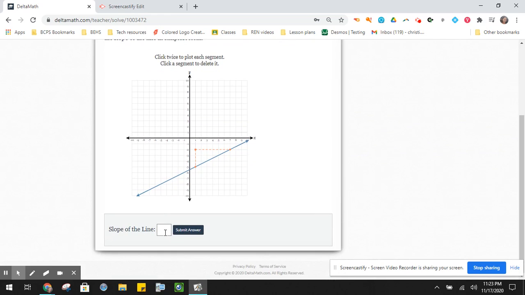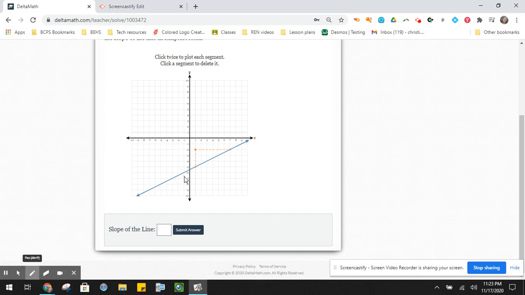Now it's asking me for the slope of the line. The slope of the line is the rise, which is 1, 2, 3. So the rise is 3. And the run is 1, 2, 3, 4, 5, 6.